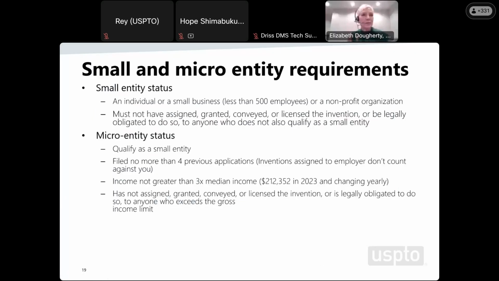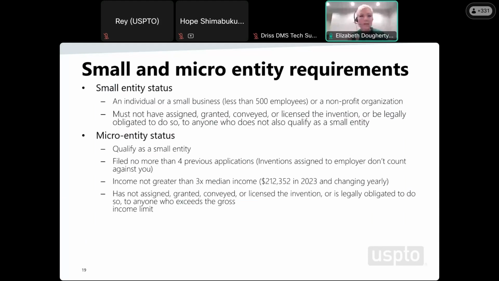Oh, so here we go, just as we were saying. The small entity status: an individual or small business of less than 500 employees or a nonprofit organization, and must not have assigned, granted, conveyed, or licensed the invention or be legally obligated to do so. The micro entity qualifies as a small entity, has filed no more than 4 previous applications, and provisional patent applications don't count against you, nor do inventions assigned to an employer.